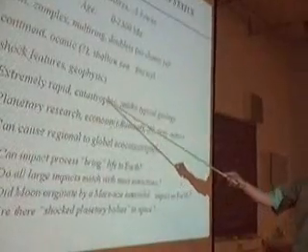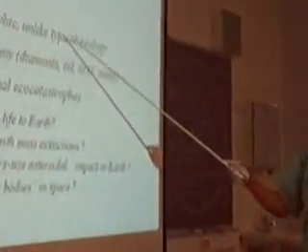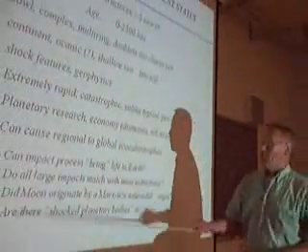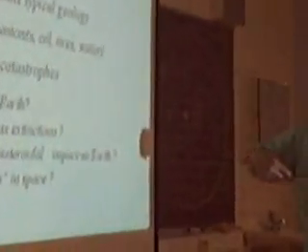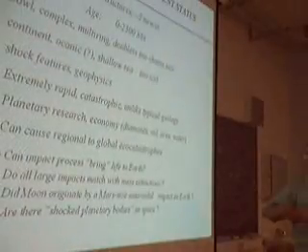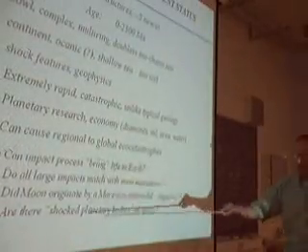The event can be catastrophic and unlike typical geological processes. I call it a drawback, even though it's perhaps the main line of this meeting. But impacts can cause regional to global catastrophes. And there are several questions, but I come back to them in the last slide.